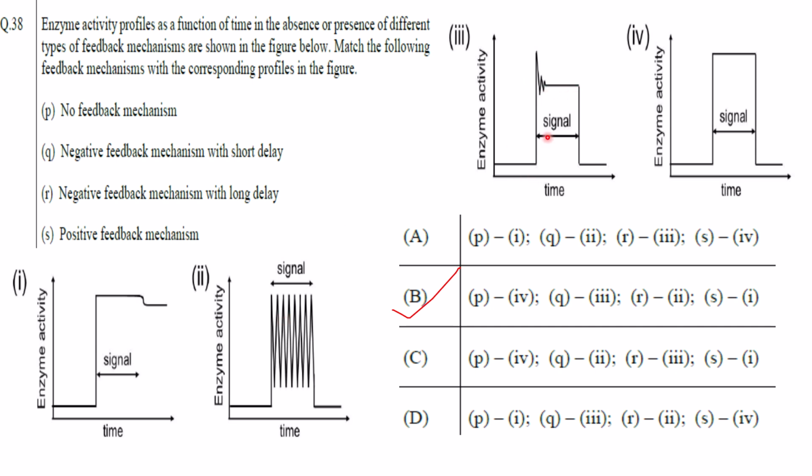These two have short delay and then negative feedback mechanism. So Q must be 3 and R must be a long delay. That is why it is like this. So it is 2. So answer is option B. Okay, option B is correct.